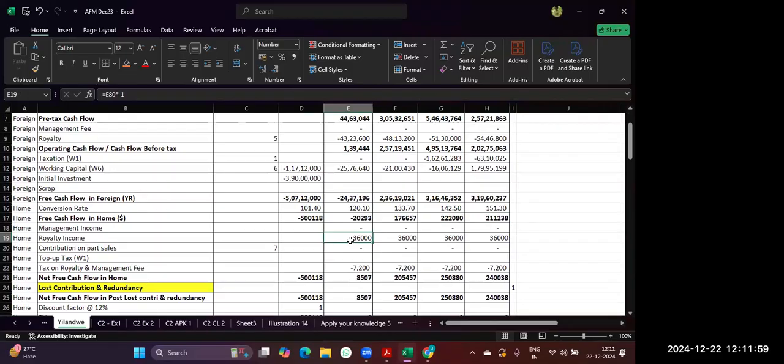Have I put it as an income? Yes. If there is an income, have I paid any tax on this amount in the US? No. So that means I have to pay the tax in the home country when I bring it back, on this 3,600, which I'm treating as management fees.